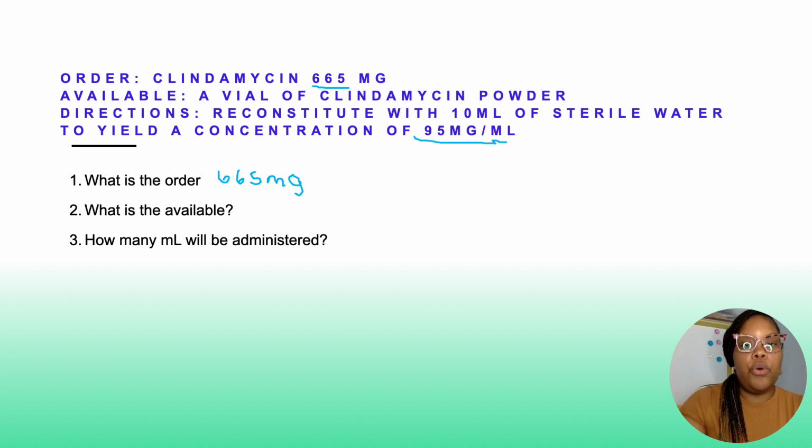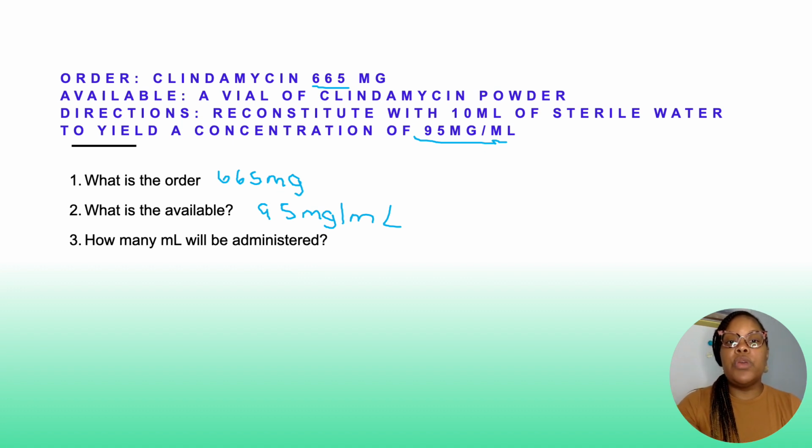We notice that 10 mls is just to throw us off. That is a distractor, okay? So 95 mgs per ml. So the final question is, how many mLs will we administer?